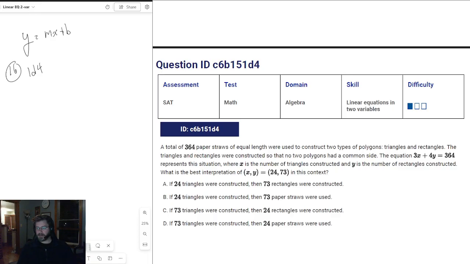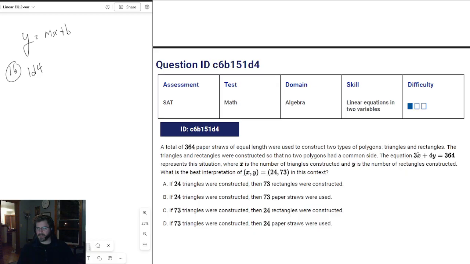I'm going to skip all the noise here and just take a look at the expression that they give us here. We got 3x plus 4y equals 364. And what are they asking? X is the number of triangles, y is the number of rectangles. Cool. So 24, 73. So that means that if x is the number of triangles, and 73 is the number of rectangles, I think that's all we need.